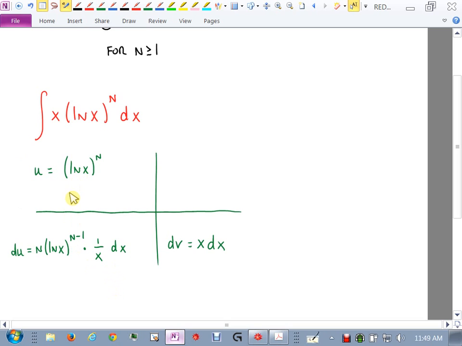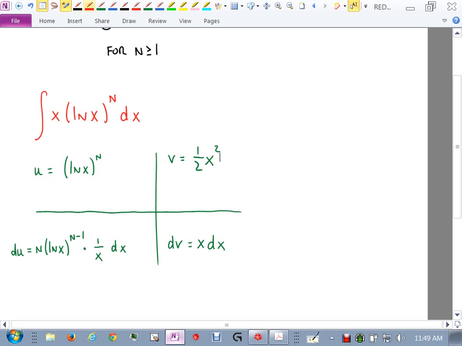Y'all agree that this is the chain rule applied to natural log x raised to the n. n comes out, subtract 1 from the power, derivative of what's inside, dx. What's the antiderivative of x? 1/2 x squared, right? 1/2 x squared.